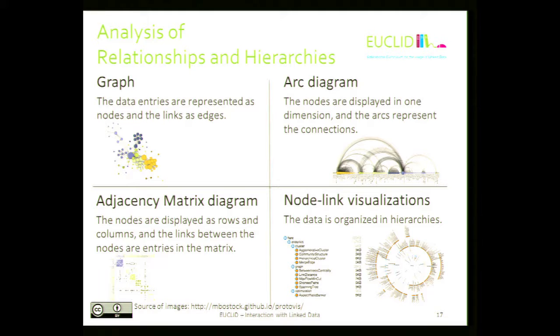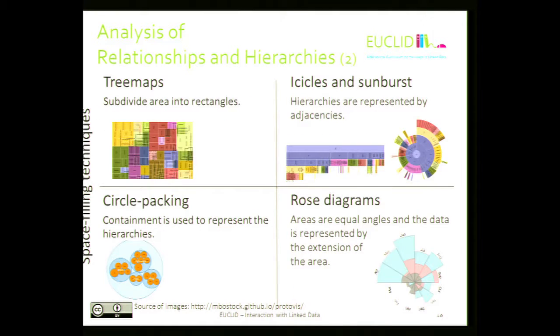You may use an adjacency matrix, where basically your nodes are displayed as an X and a Y axis, and the edges are displayed as entries in your matrix. And there are, of course, other forms, especially tailored to visualizing hierarchies, trees, like, for example, the node link visualizations.